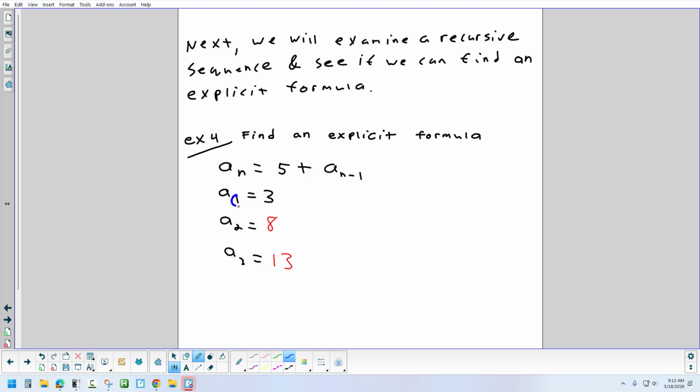So what we want to figure out now is whether there's a formula where you plug in a 1 and you get a 3, plug in a 2 and you get an 8, plug in a 3 and you get a 13. Anyone think they see a formula?